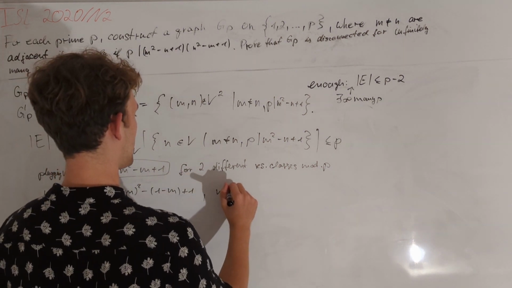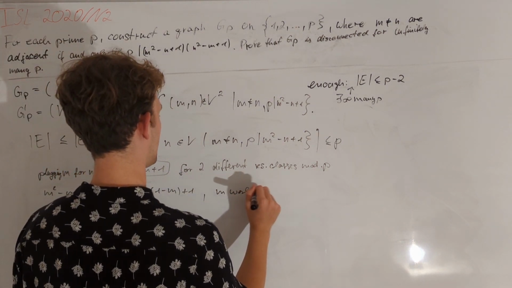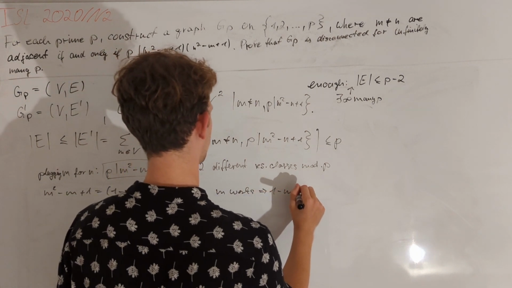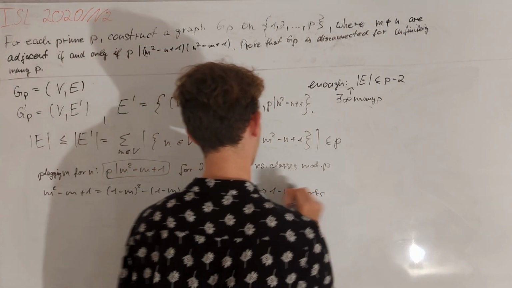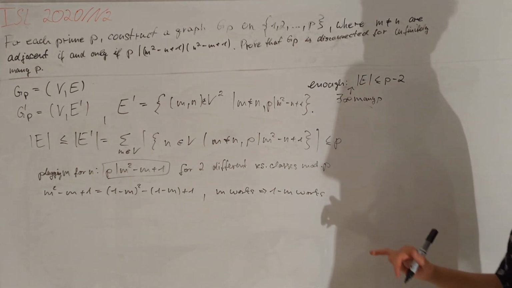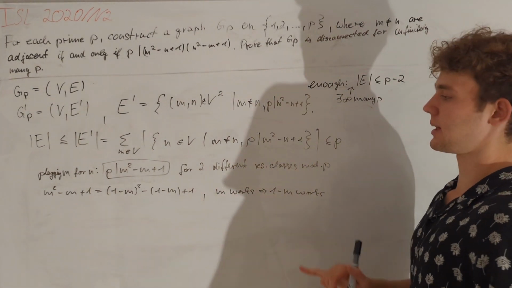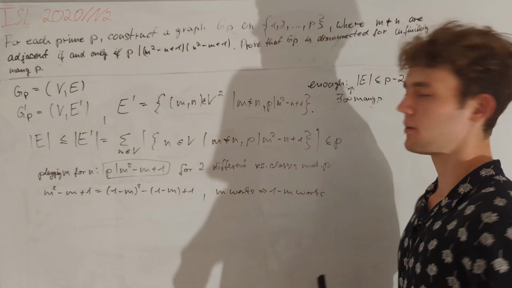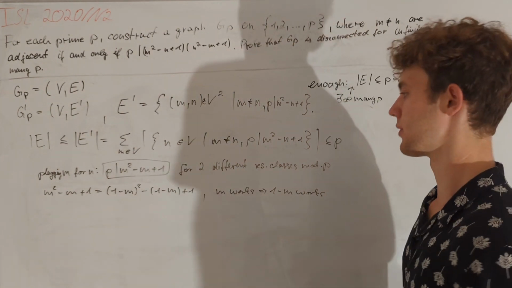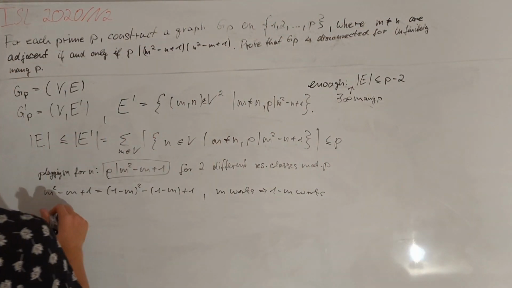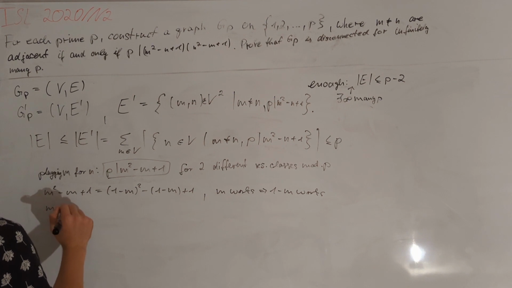Therefore, m works implies 1 minus m works. Very good, but m and 1 minus m could be equal modulo p, which would be bad luck for us. We have to consider this case as well, so let's do that.